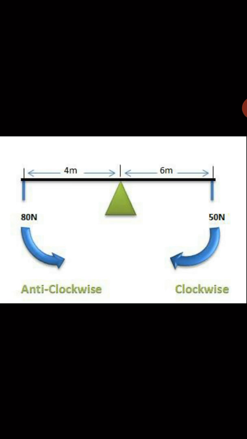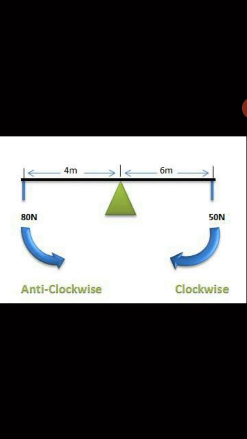Now rotations are possible in two ways here. One is clockwise rotation and the other is anti-clockwise rotation. Clockwise is from right to left and anti-clockwise is from left to right. So here if we want to calculate the moment for clockwise rotation, it will be force times distance.